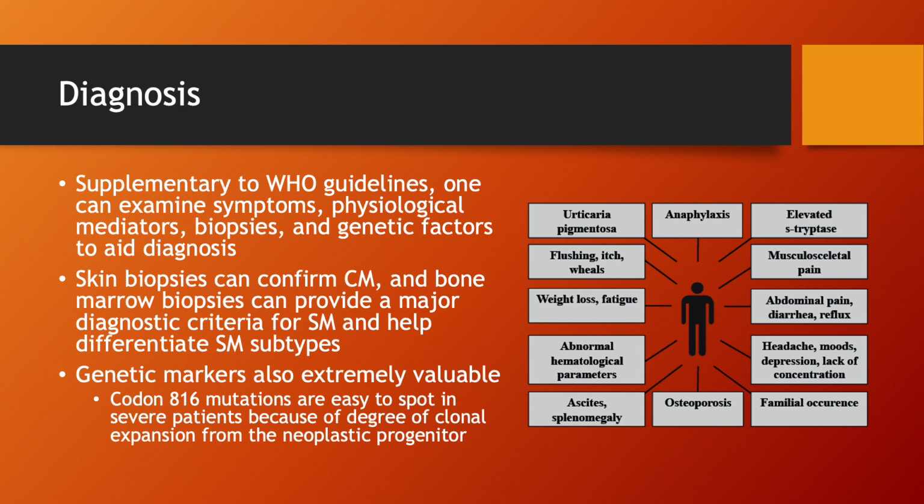Bone marrow biopsies are really useful for getting those B and C findings, even those major and minor criteria, and helping differentiate various subtypes. And then obviously those genetic markers are very valuable, especially the codon 816 mutations, because those are pretty easy to spot based on the degree of clonal expansion from that original neoplastic progenitor.